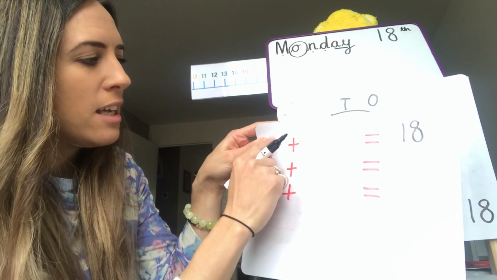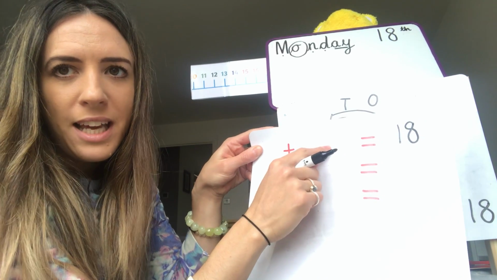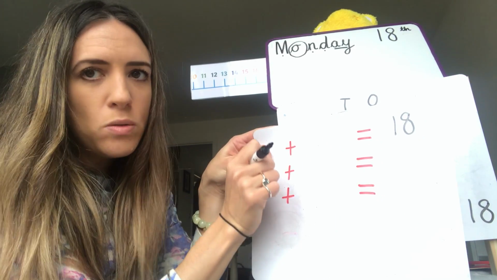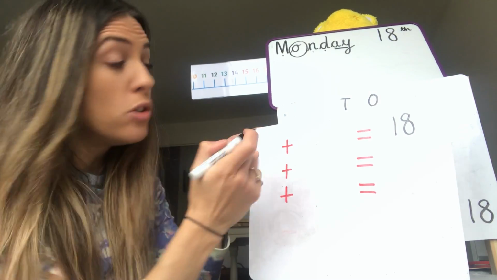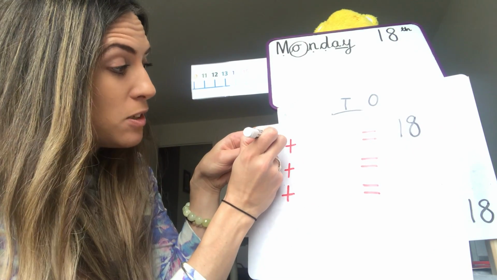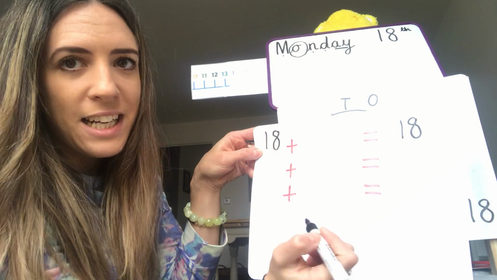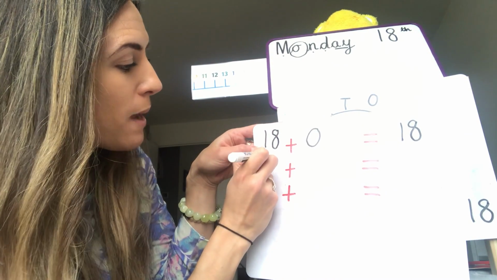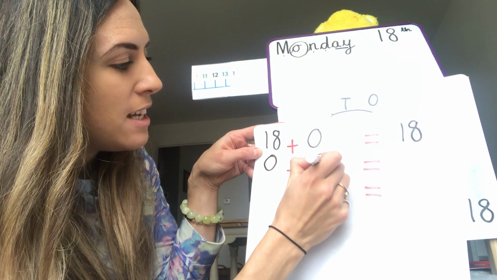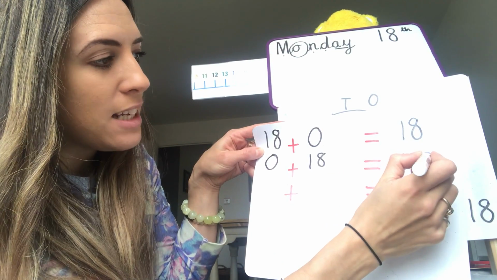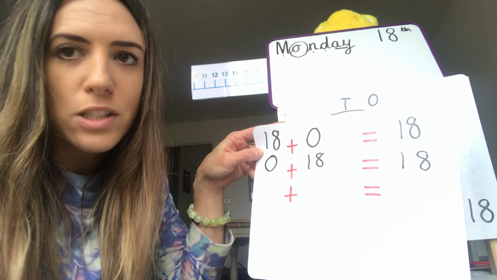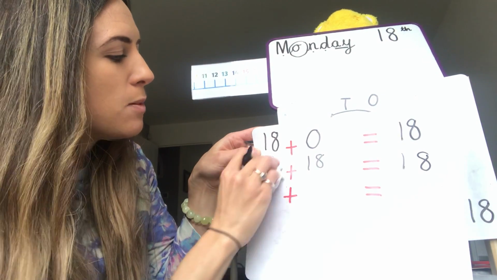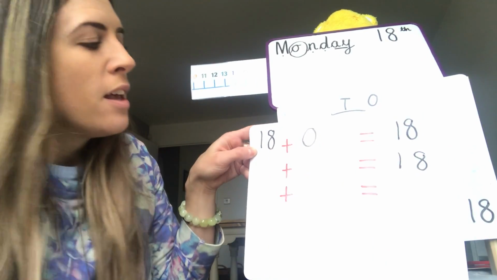So it's got to add two numbers here that are smaller than 18. Or I could do it this way. We've done this quite a lot of times, haven't we? 18 add, it would be 0, that's right. Or you could do it the other way around, 0 add 18 still makes 18, that's right. Okay, so we could do it that way. I'm going to rub that one out.